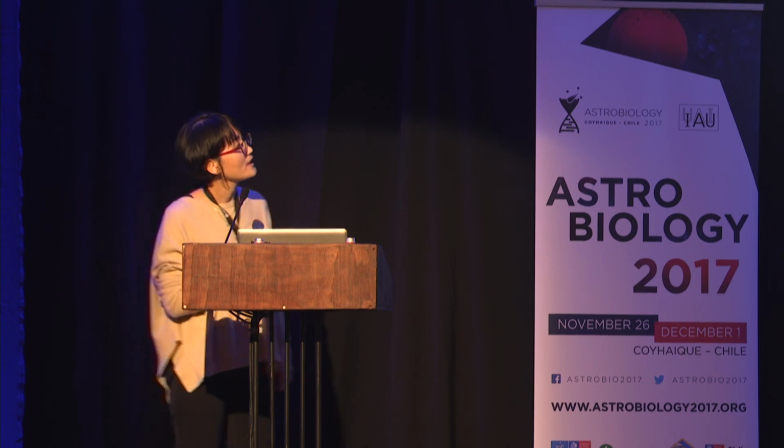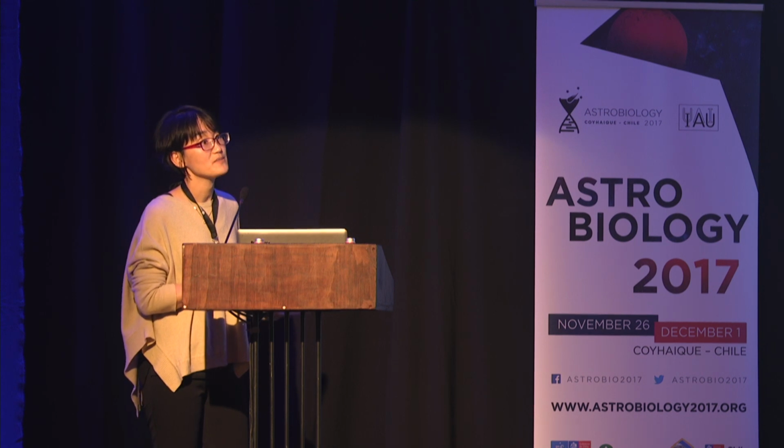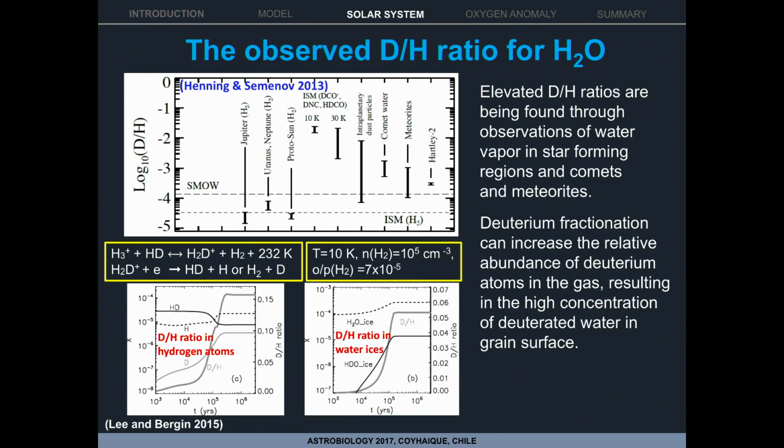At low temperatures, in a molecule, an H atom can be replaced by a D atom because it has a lower ground energy level. So the deuterium fractionation of H3+ molecules and the following dissociative recombination of H2D+ can increase the relative abundance of deuterium atoms in the gas, as seen in this gray solid line here, resulting in a high concentration of deuterated water on grain surfaces.